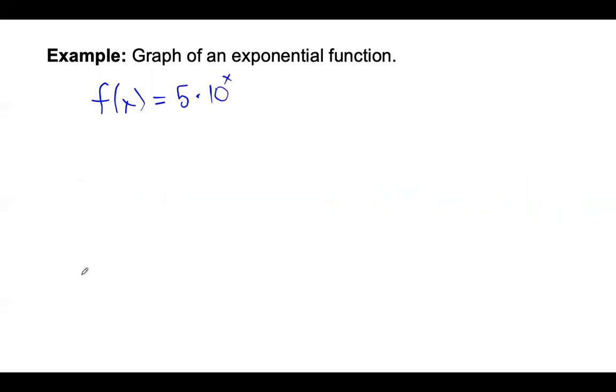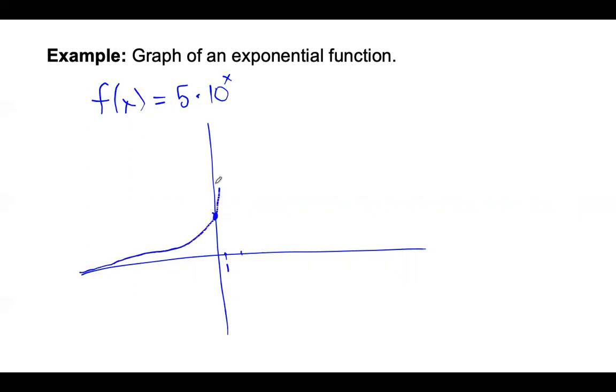If we try to sketch this, when x equals 0, 10 to the power 0 is 1, and 1 times 5 is 5. For x equals 1, 10 times 5 is 50. So it's going to go something like this.